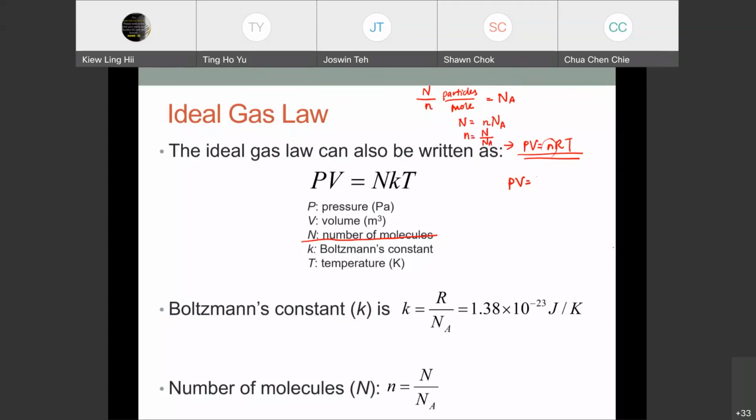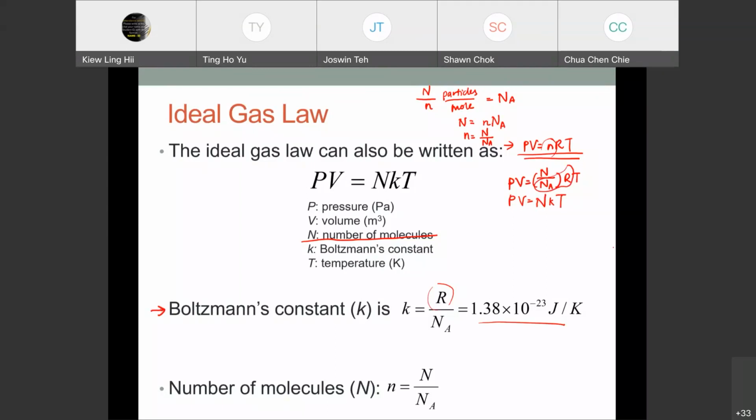So let's put this in here. According to the Boltzmann constant, small k is equal to the gas constant divided by the Avogadro number. If I combine these two together, what will I get? PV equals NkT.